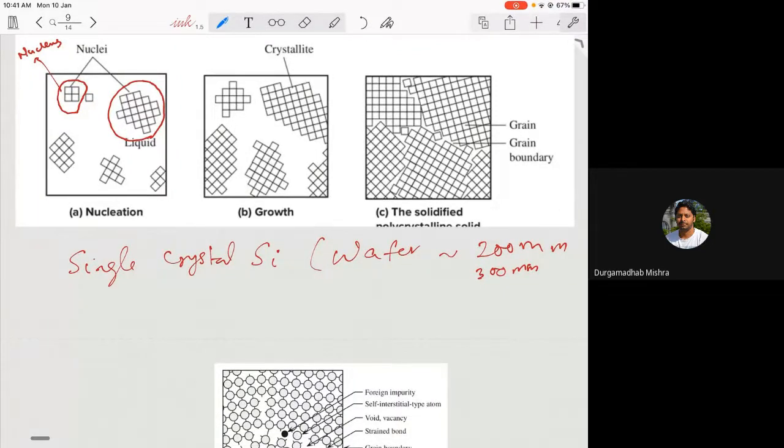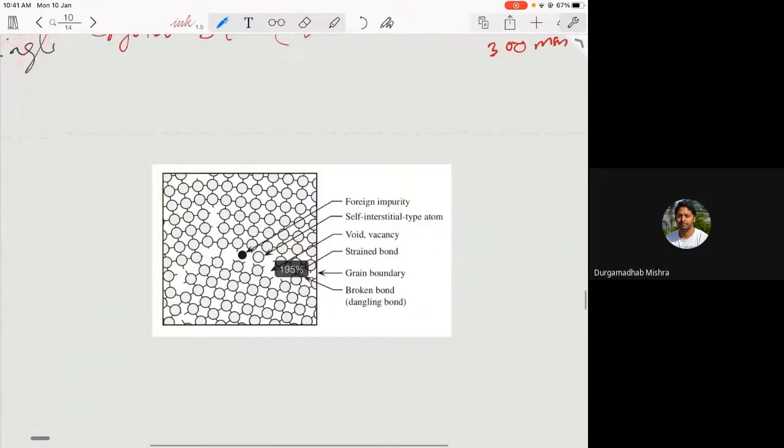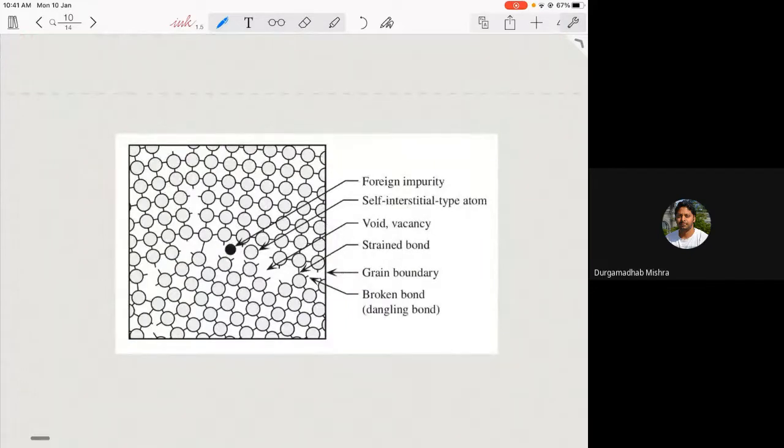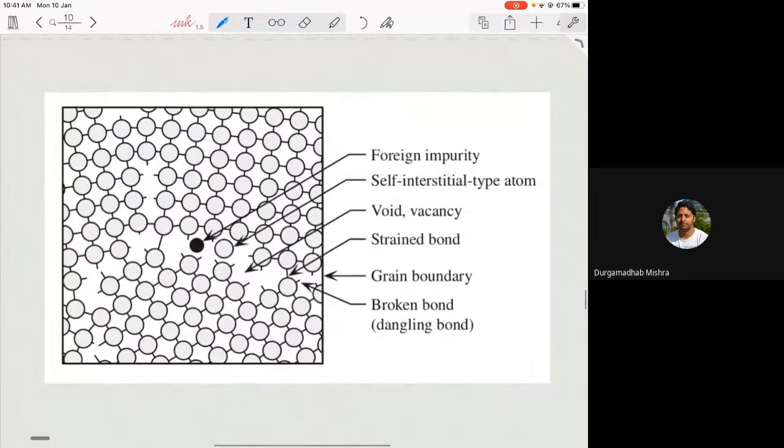And then when you look at the grain boundary, very interesting things happen there. Grains have a regular arrangement, somehow a crystal. But the grain boundary is very interesting because many things can happen at the grain boundary.